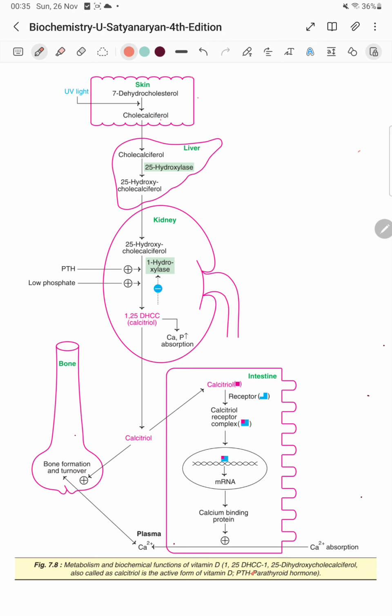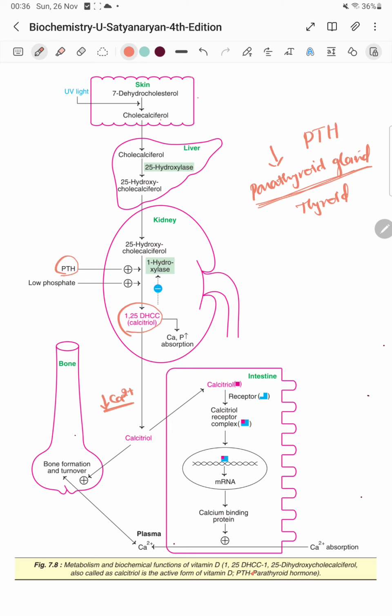One more concept I have to explain is the regulation of synthesis of vitamin D. See how this regulation of calcitriol is mediated. Whenever you have low calcium levels in the plasma, immediately the parathyroid gland, which is right behind the thyroid gland, synthesizes a hormone called parathyroid hormone.